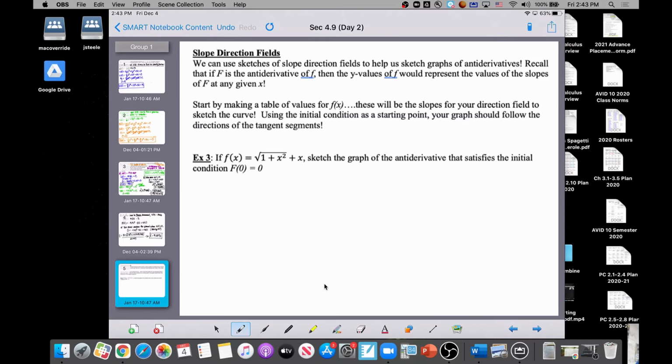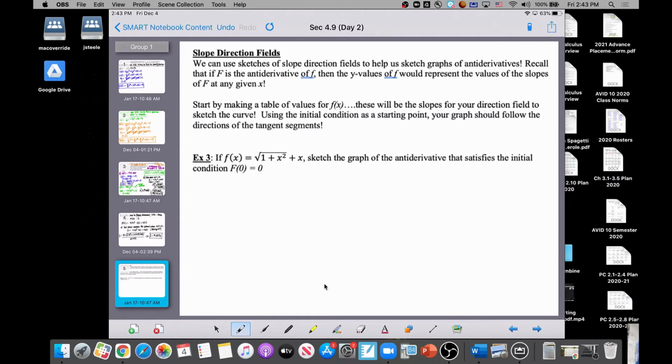Recall that if capital F is the antiderivative of f, then the y values from f would have been the slopes on capital F for any given value, right? That relationship between a function and its derivative is that the slopes on the function are the y values on the derivative. Therefore, the y values on the function are the slopes on the antiderivative, right?